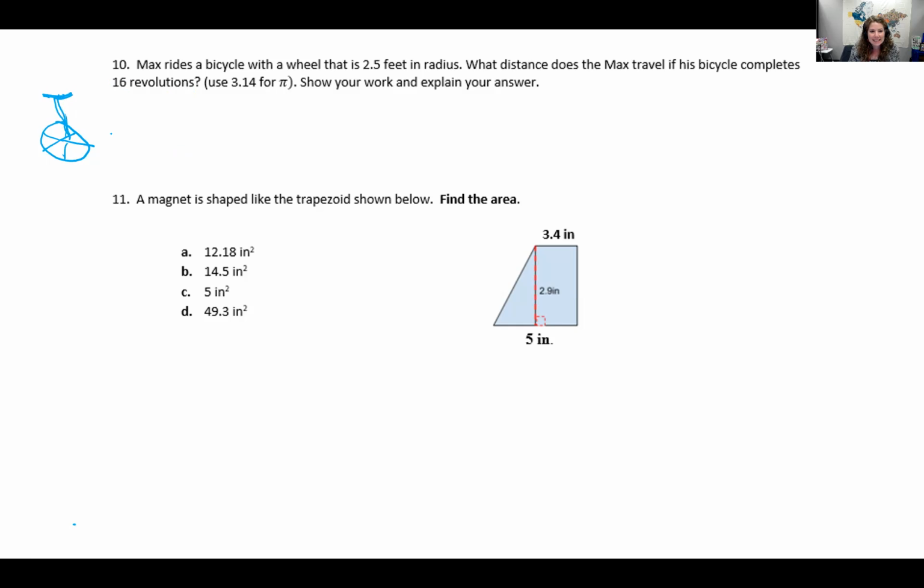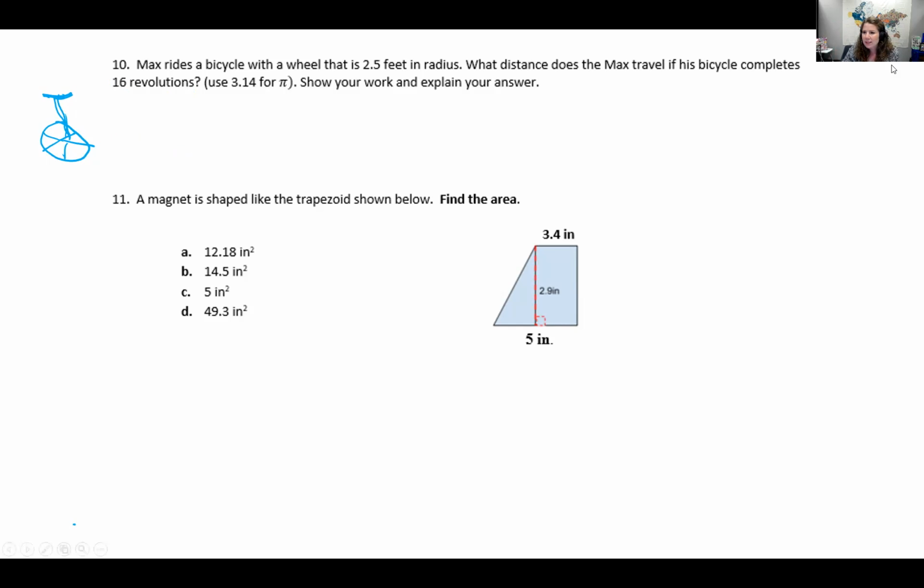So every time a tire rolls around 1 revolution, it will move as far as the distance around the tire. Does that make sense? If you're on a unicycle and the tire turns 1 time, you're moving forward the same distance as the distance around that tire.